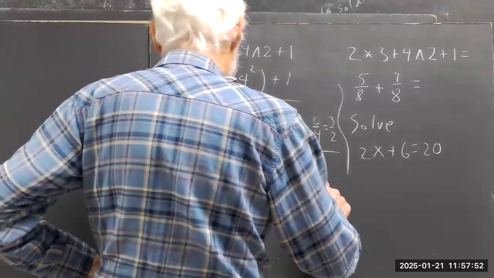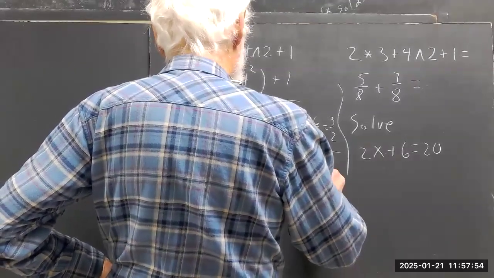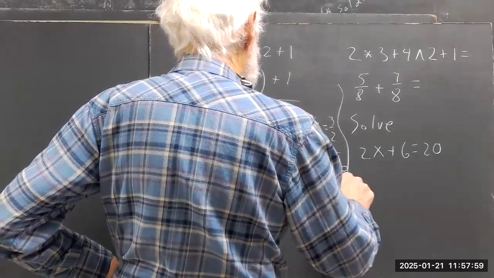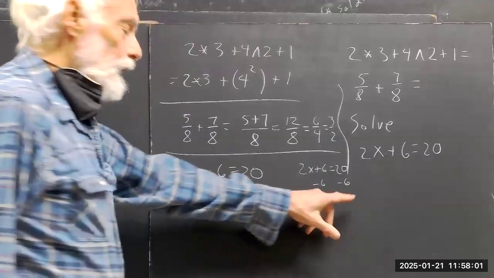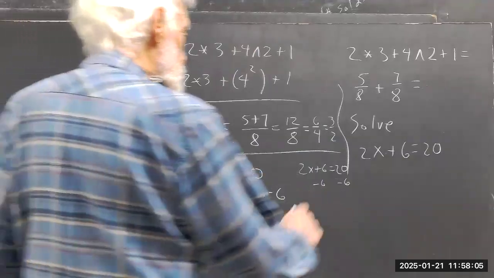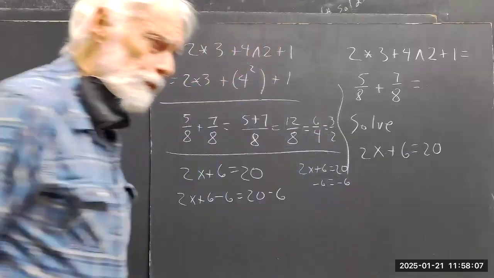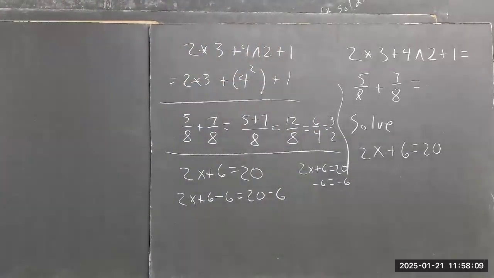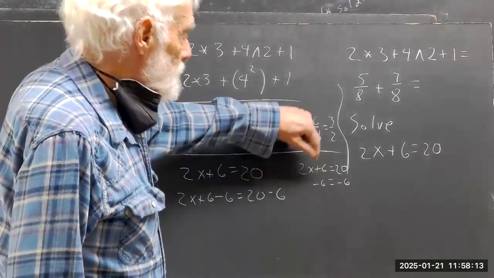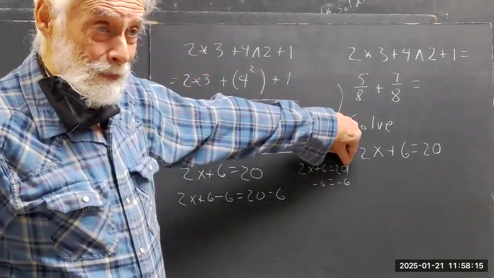A lot of people write that out like this: 2x plus 6 equals 20 minus 6 minus 6. I don't like that. I really don't like that. But if you put an equal sign here, I like it just fine. Okay? You're subtracting something that equals something from something else that equals something else.